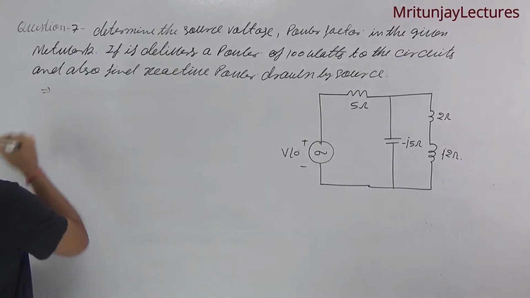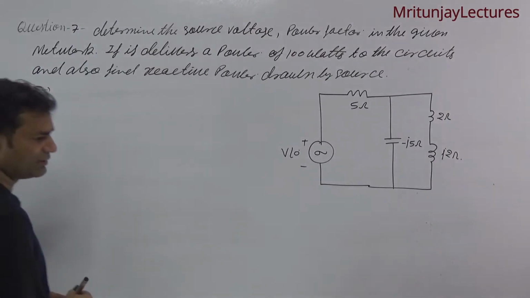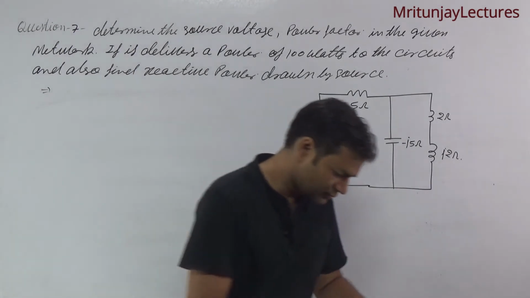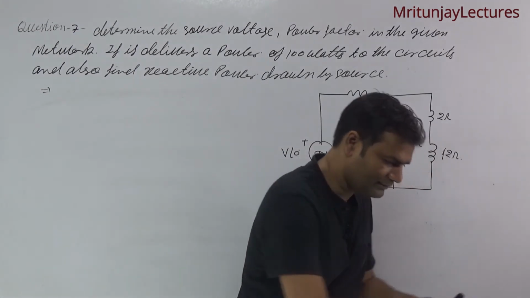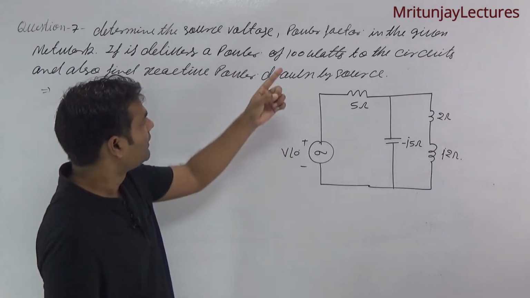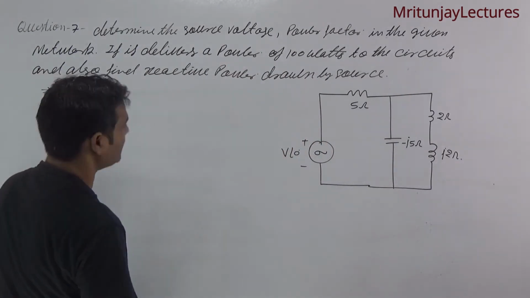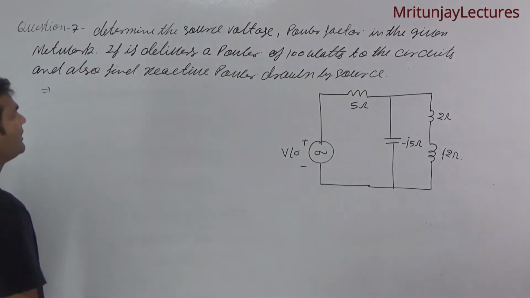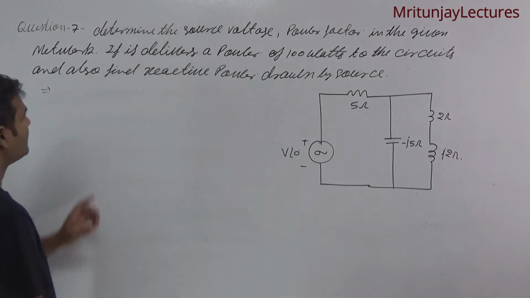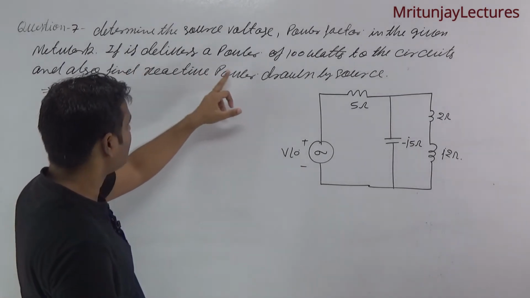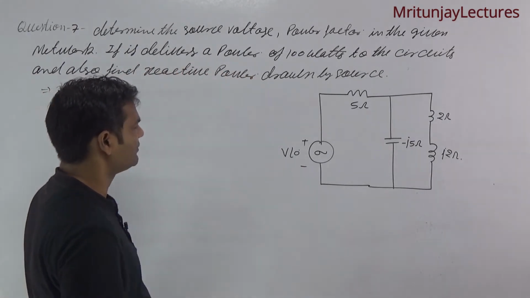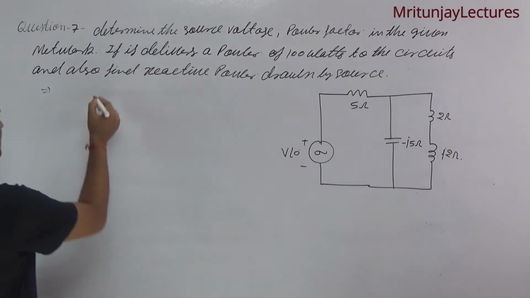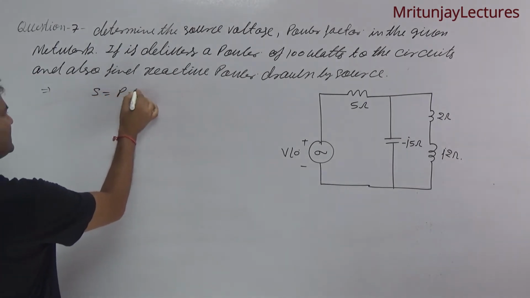Now our motto is to determine the source voltage. First we focus on the source voltage. After that, determine the power factor in the given network, and also the power factor if a power is delivered corresponding to this one. First of all I know that S is equal to P plus JQ.